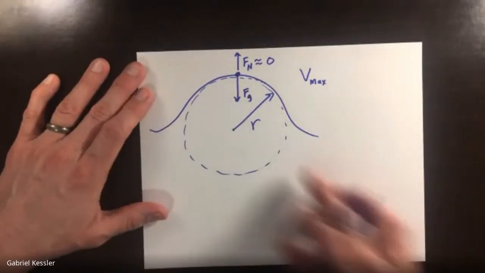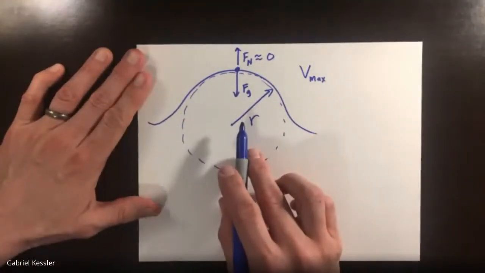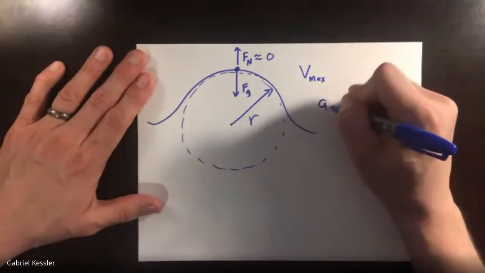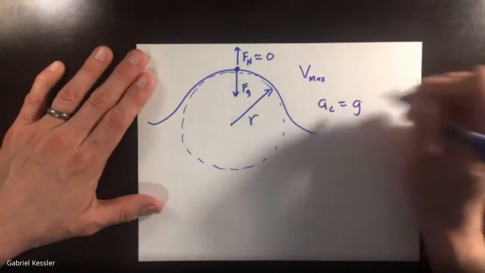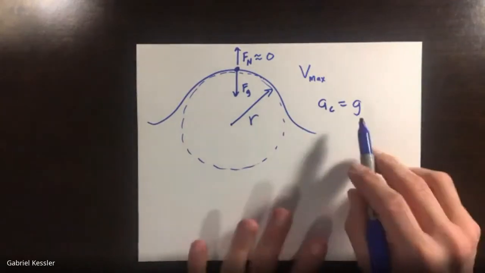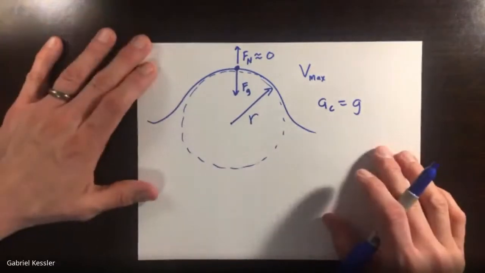Now, at that point, the force of gravity is essentially the only force acting on you. If you remember, when the force of gravity is the only force acting on you, then your acceleration is 9.8. And if your acceleration is 9.8 and you're moving in a circle, that means your centripetal acceleration is 9.8.